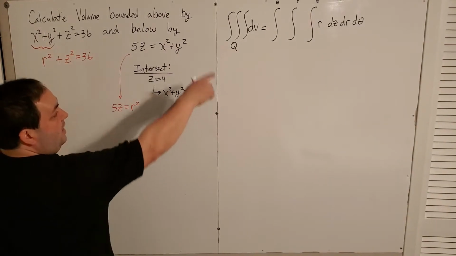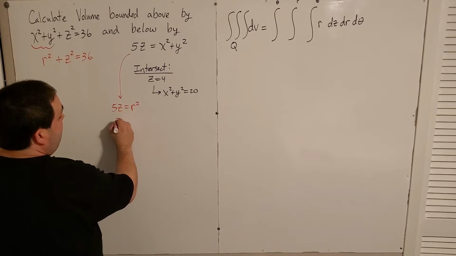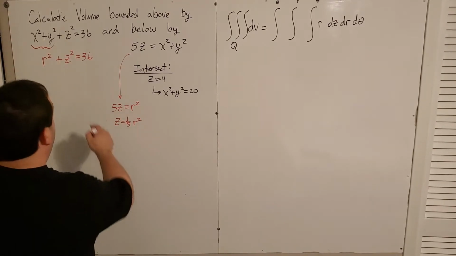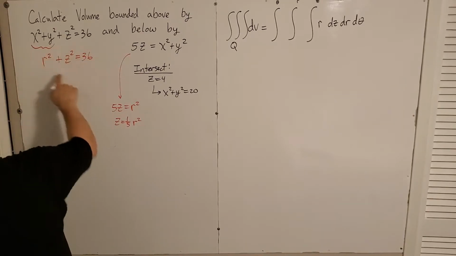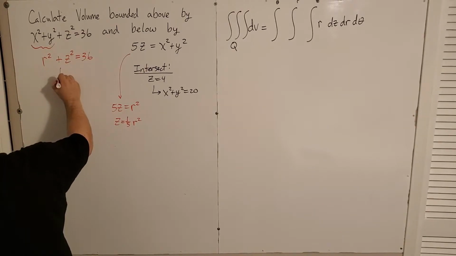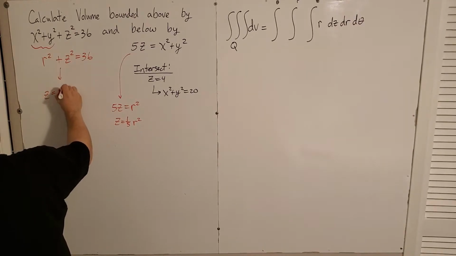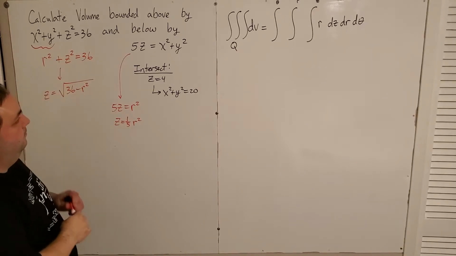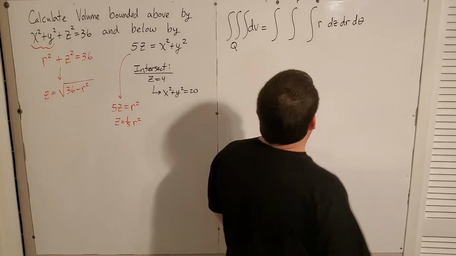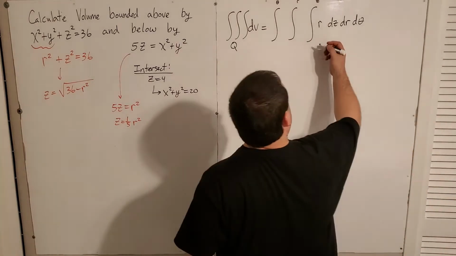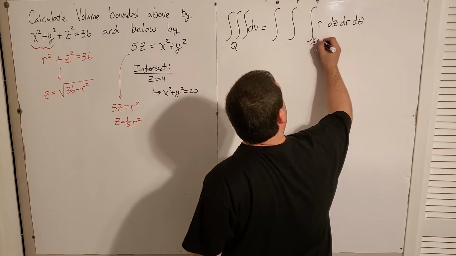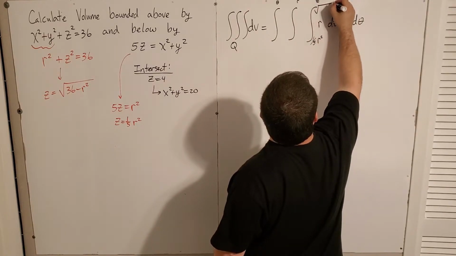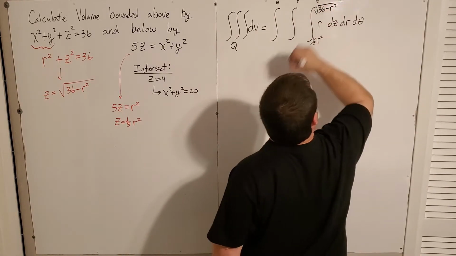Since it's z that I'm integrating there, I'll be doing z equals 1/5 r squared. And for this one right here, I'll just solve for z again: z equals the square root of 36 minus r squared. Okay, so let's write those limits in. I'm going to go from 1/5 r squared up to the square root of 36 minus r squared.